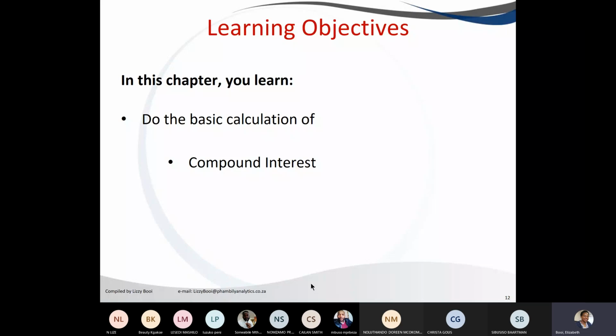So some of you might end up doing QMI. The same information that we are learning today, you are going to still apply in your QMI module. It's the same concept. So if you learn and understand this work this year, next year it will make life easier because we just add on top of what you have. But anyway, let's look at compound interest.